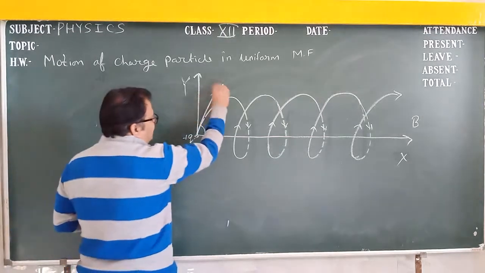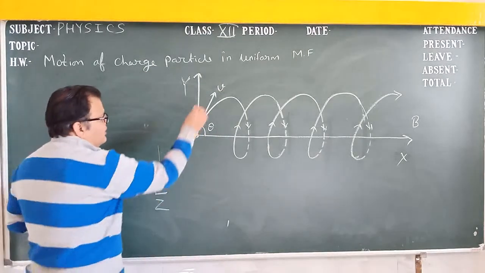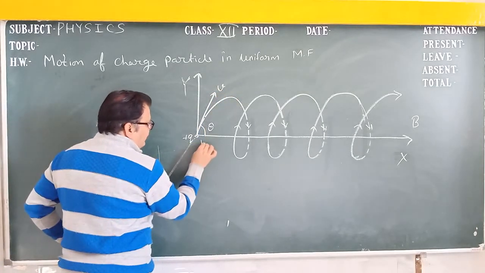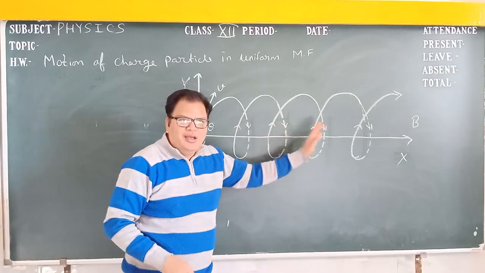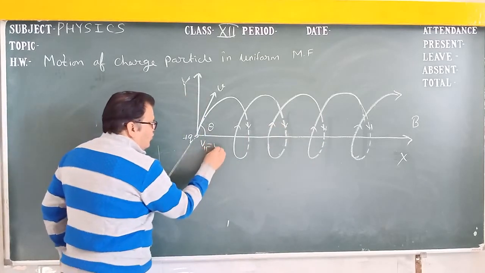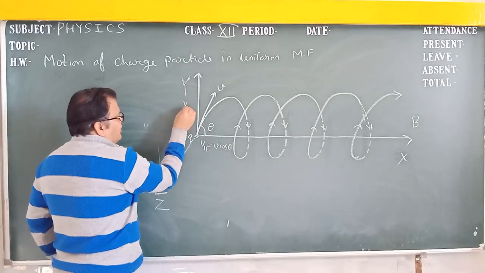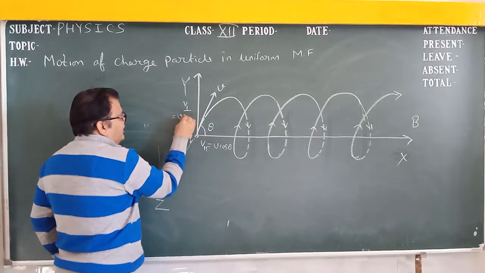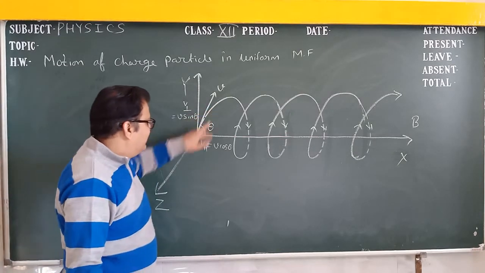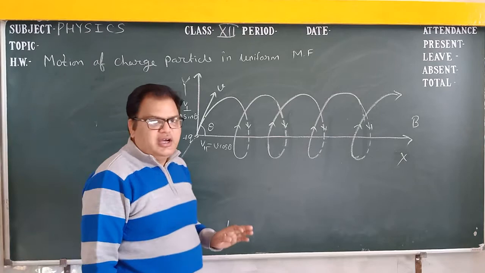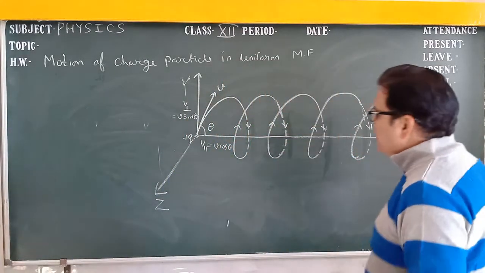Student, if we resolve this velocity into 2 components, V parallel, which is parallel to the magnetic field, equals V cos theta, and V perpendicular equals V sin theta. V is resolved into 2 components as you see in the figure.